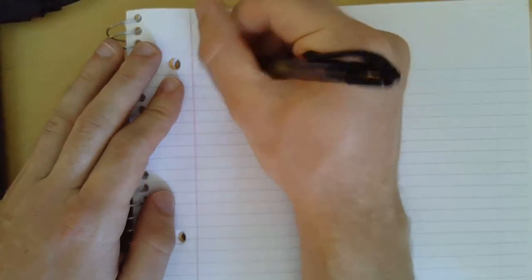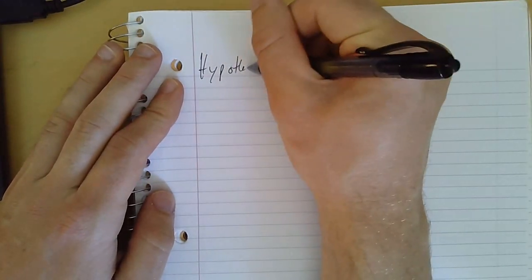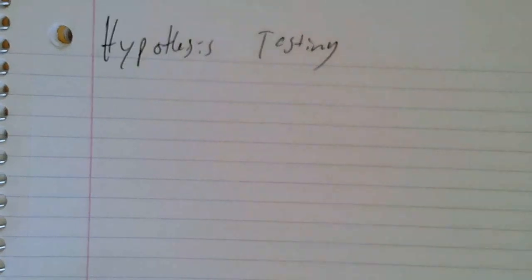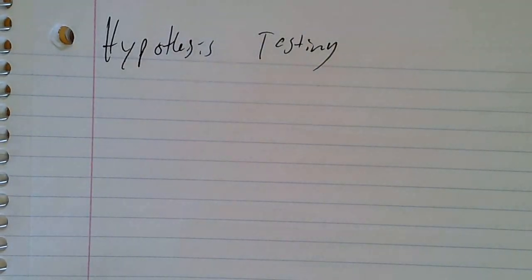Hypothesis testing. So I think these are a tiny bit more, these are a bit more complicated. So this is hypothesis testing. The way these work is you're given a problem and somebody's making a claim.